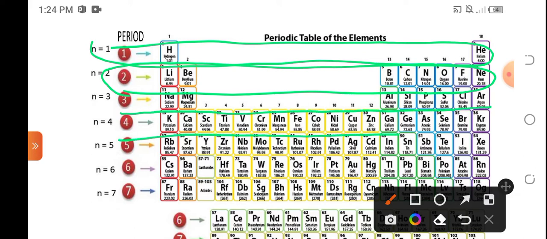These groups are in period 4, and these elements are period 5. Here are period 6, and these are period 7. So in our existing periodic table, we have 7 periods.